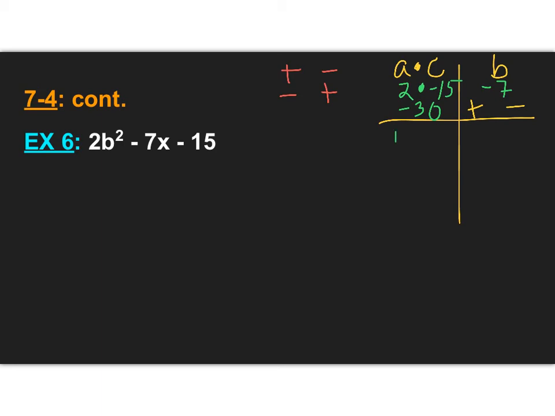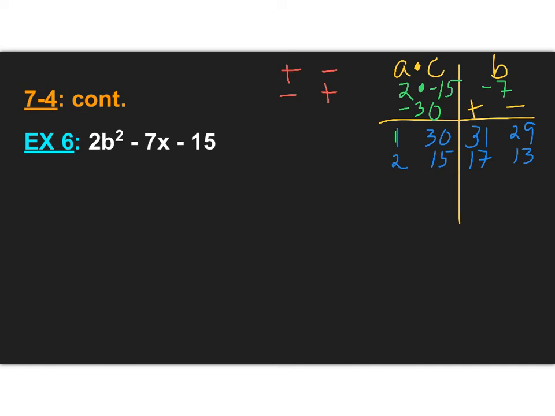So 1 and 30 are our first factors of 30. They add to give us 31 and subtract for 29. Those are not our middle terms. The next number after 1 is 2. 2 divides into 30 15 times. If we add, we have 17, and subtract, we have 13.